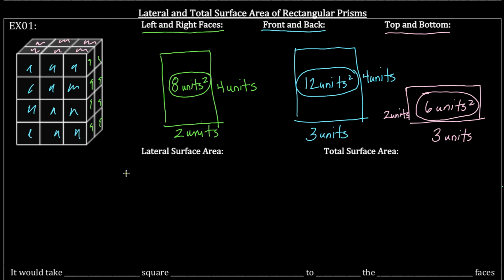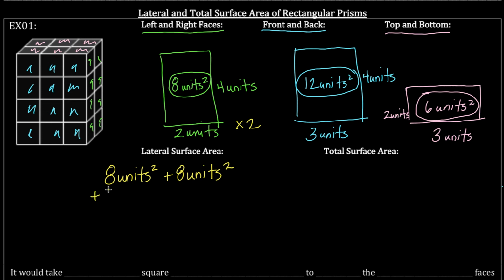So I'm going to add 8 units. But remember, there's 2 of these. So 8 units squared plus 8 units squared. You could also just put 16 units squared if you want.